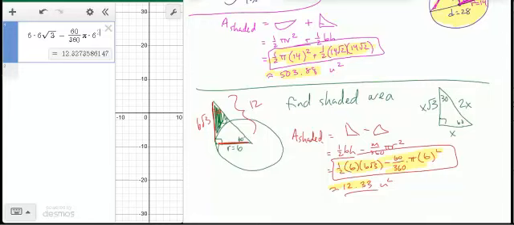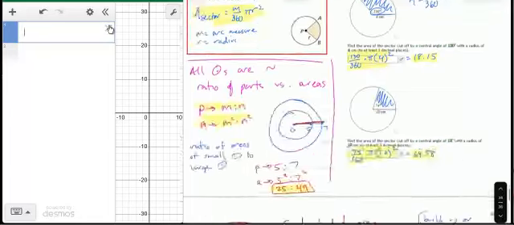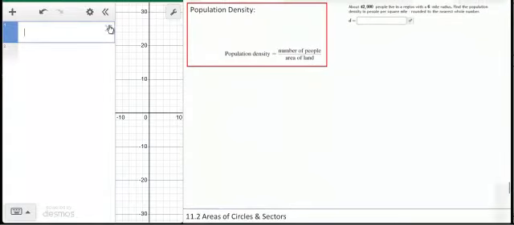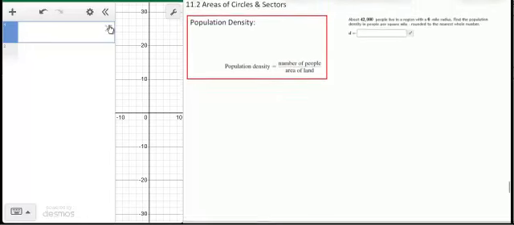All right, so again, these aren't the only examples. There may be versions where this central angle is 30 degrees, versions where it's 45 degrees, and so you'll randomly get one of those. All right, the last thing, I do want to go back to this slide here and talk about this concept called population density.